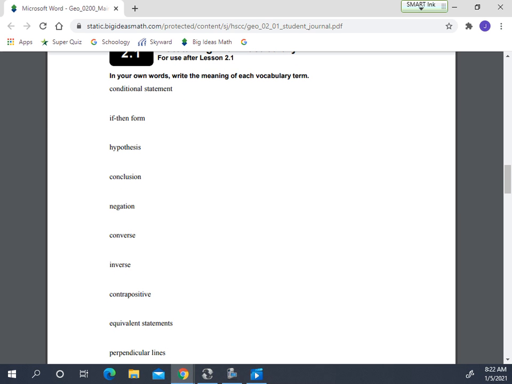Excuse me. Here we have a bunch of definitions. First one, conditional statement. I'm going to write these in my own words. Hypothesis, then conclusion. I'm going to say P, Q. If P, then Q. If then form.